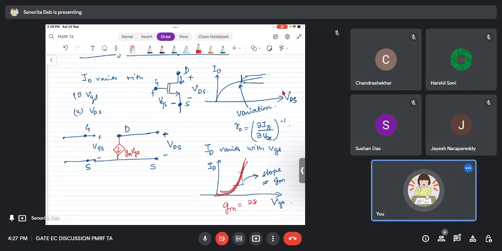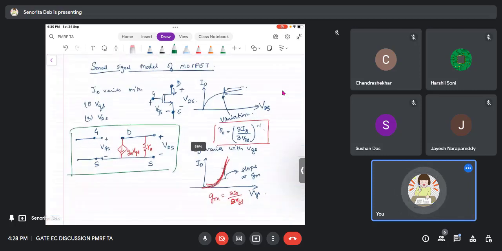Okay, the slope will be given by what? GM will be delta ID by delta VGS, right? So this ID comes from GM VGS, and then there is a resistor R0 which models the variation of ID with respect to VDS, which is this one. Is this clear? Why the small signal is like this?